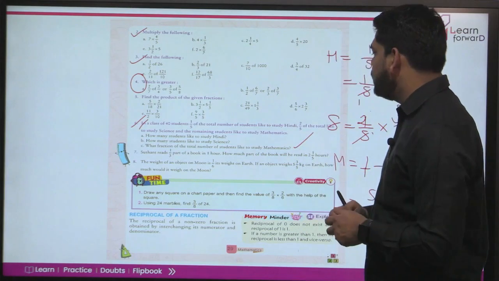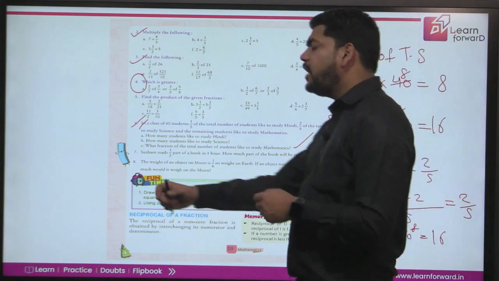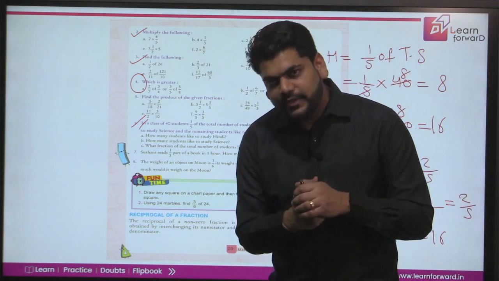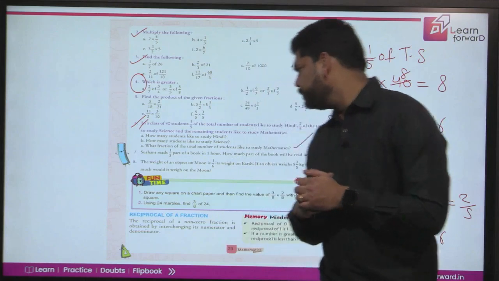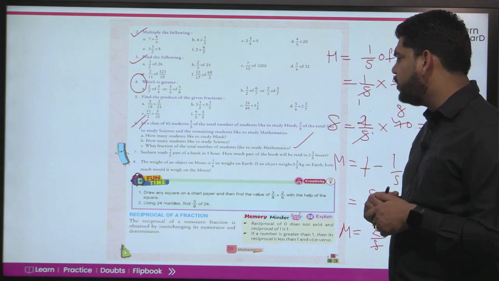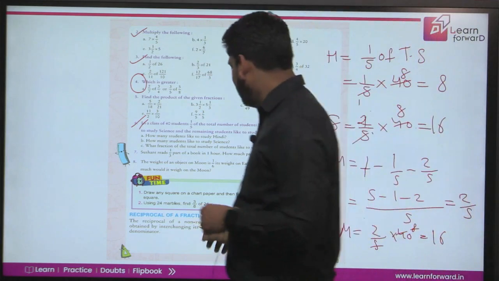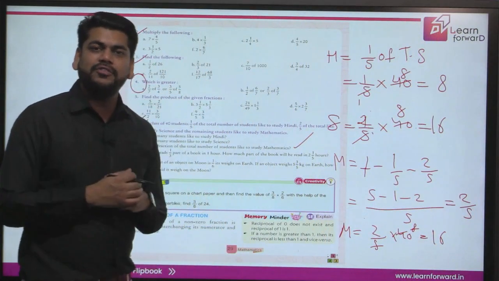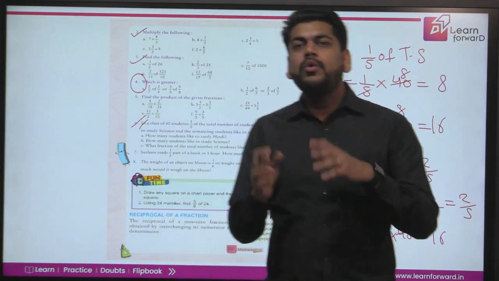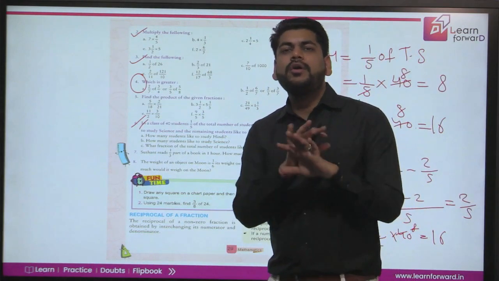Okay. So our next concept is the reciprocal of a fraction. What do you mean by reciprocal? The reciprocal of a non-zero fraction. Now the question comes up, what is a non-zero fraction? Non-zero fractions are those whose final answer is not 0.